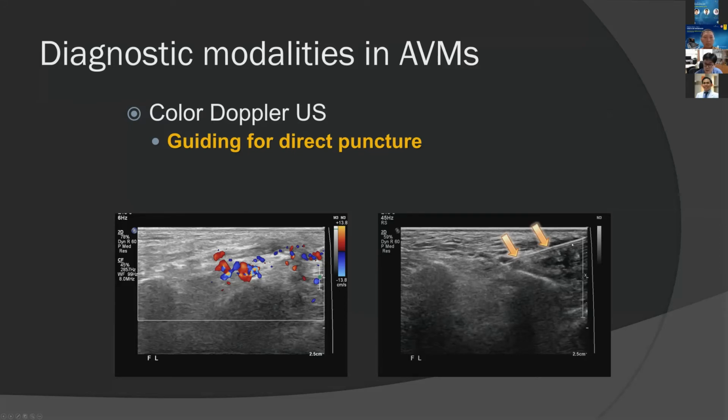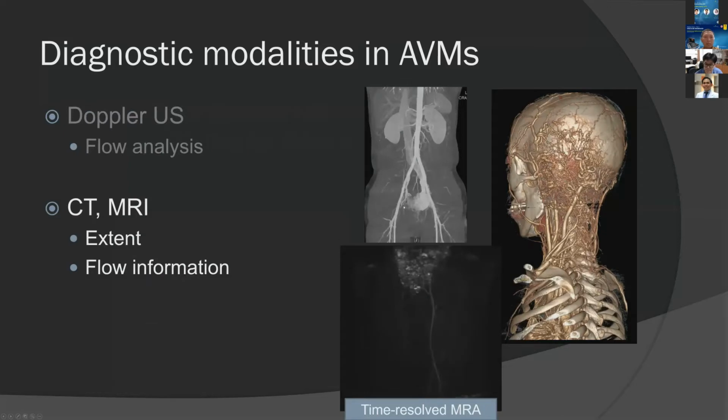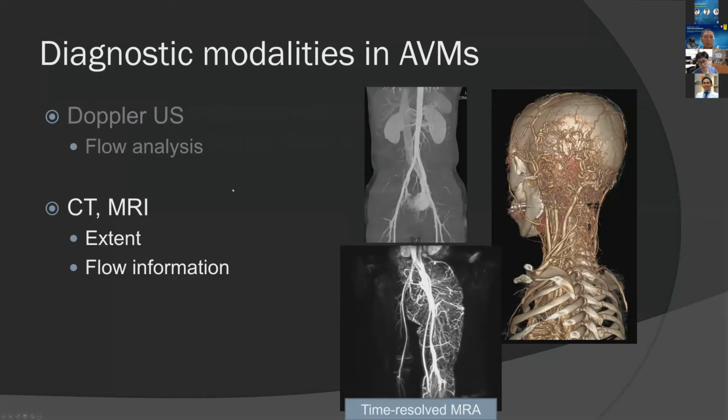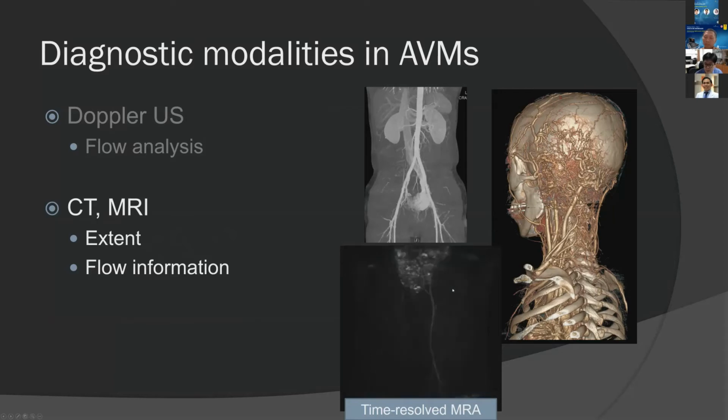Then we can insert the needle into the target nidus. CT and MRI are also very useful techniques. They can give us the extent of the disease, and time resolved MRI can give flow information of the disease.